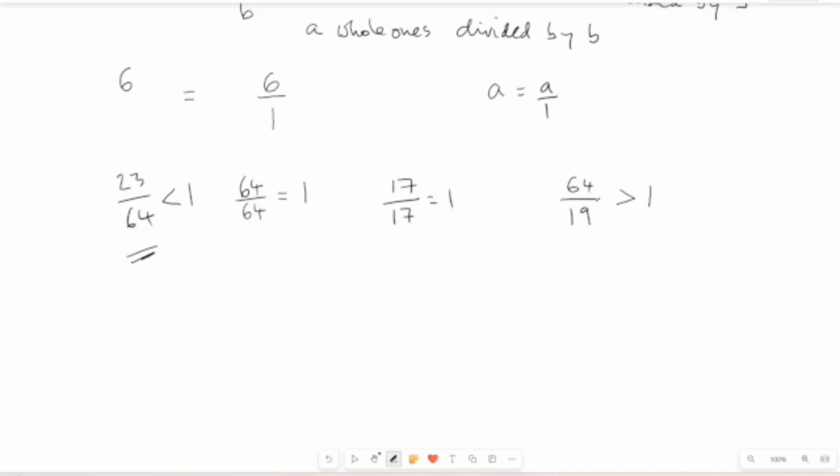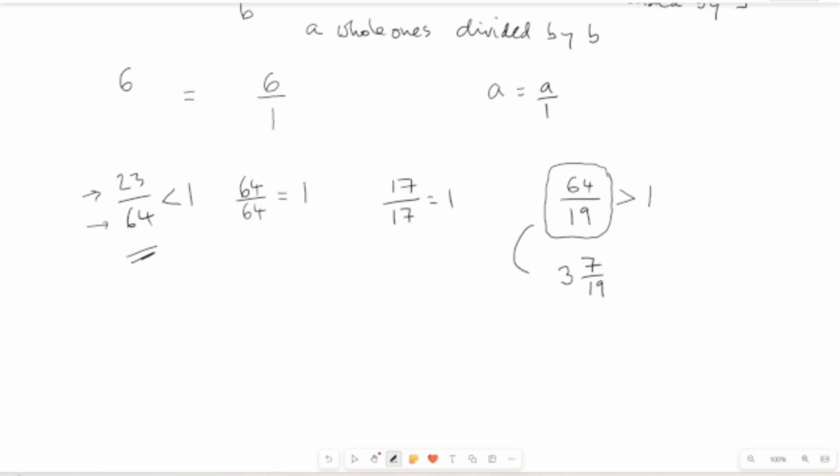And what we would do in this case is we would usually convert this into a whole number together with a fractional part, where the fractional part is less than 1. So it's going to have a smaller number on the top than we've got on the bottom. And we'll see how that's done in a while. But in this case, we would write that as 3 and 7/19.